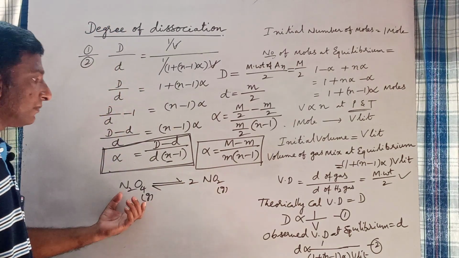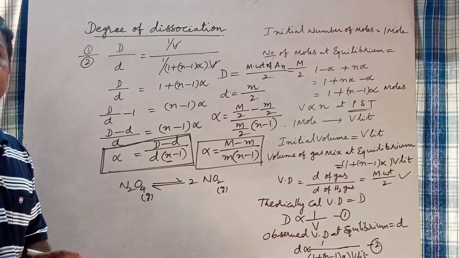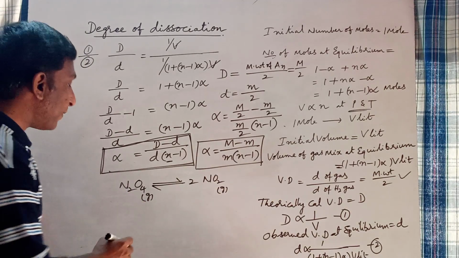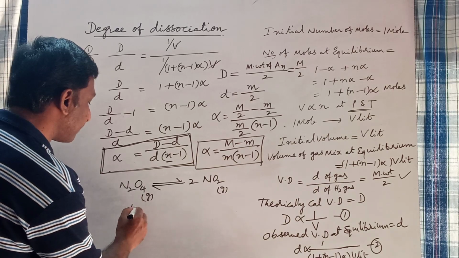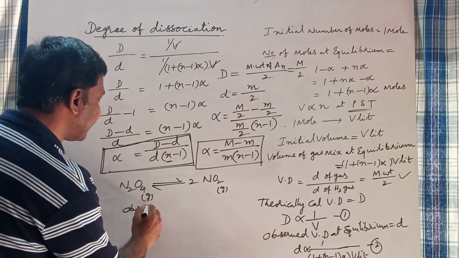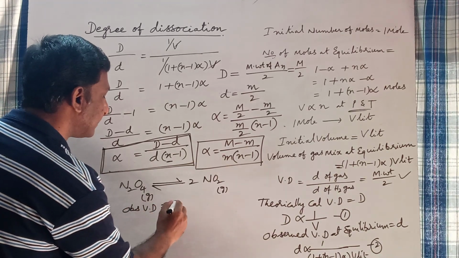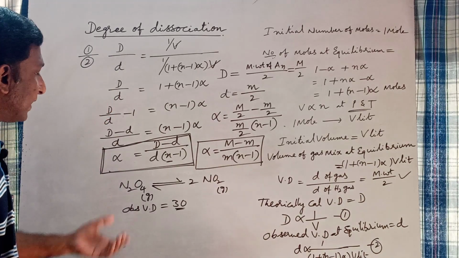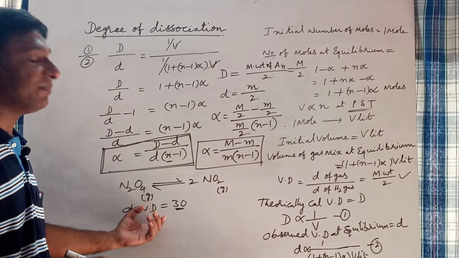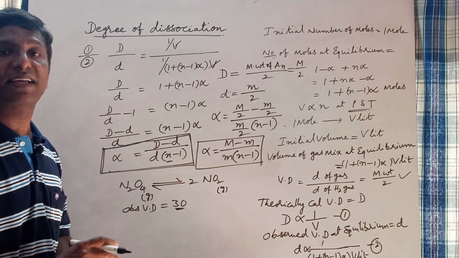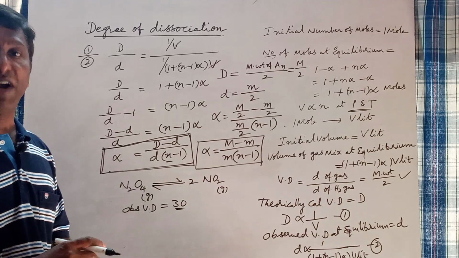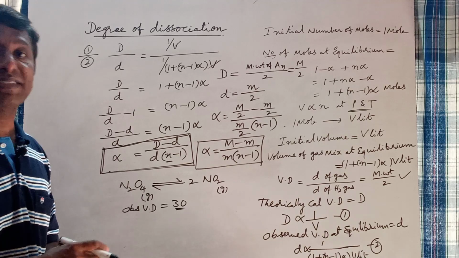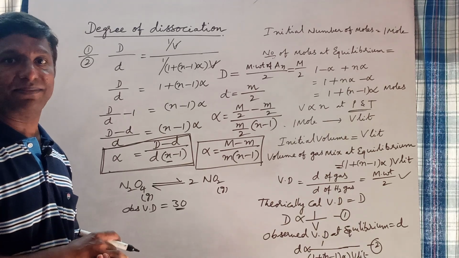This is the reversible reaction at equilibrium state, and the observed vapor density at equilibrium state is 30 at a certain temperature. You are asked to find out the percentage of degree of dissociation.